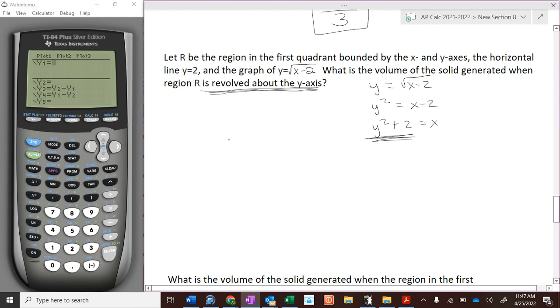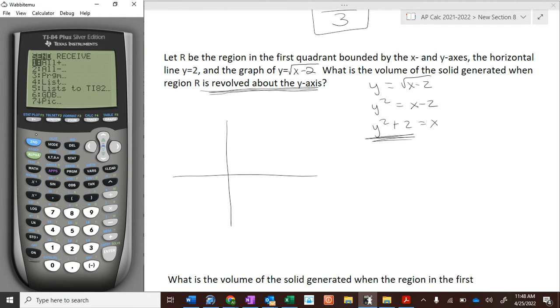So what happens here is the graph looks kind of like this. I'm still going to graph this one, second square root of x minus 2 graph.